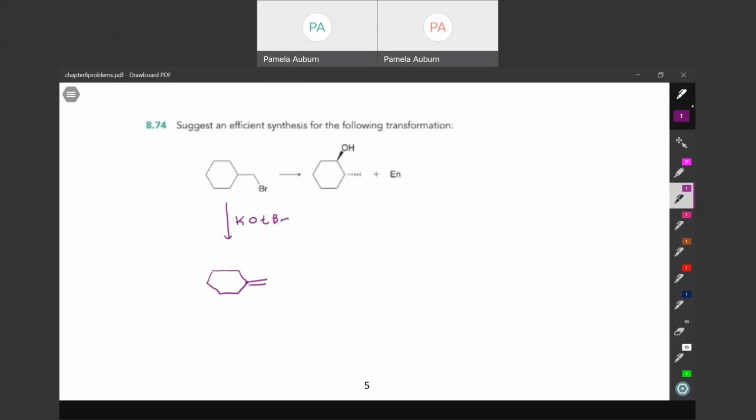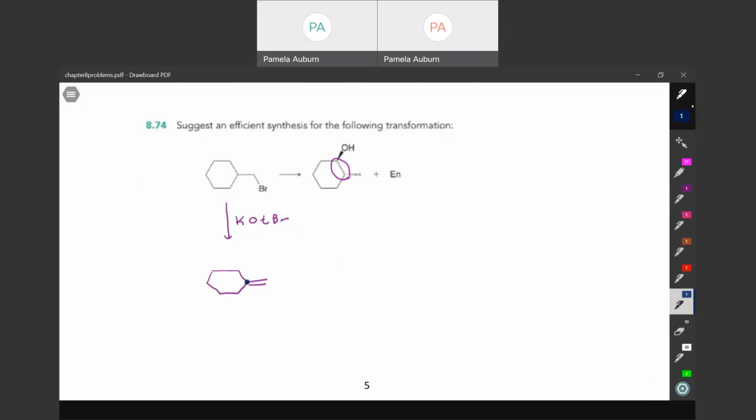In the next step, what I'm thinking about is that I need the double bond here to do the addition. So I've got to move the double bond. In order to do that, I'm going to react this with something that's going to put a halide there that I can then do another elimination step to get me the more stable alkene.